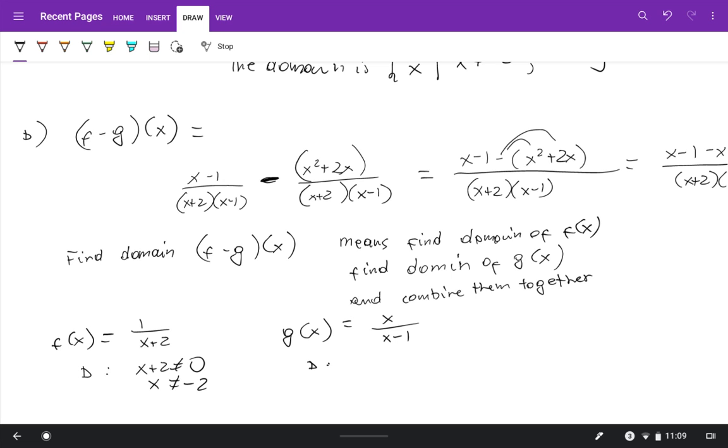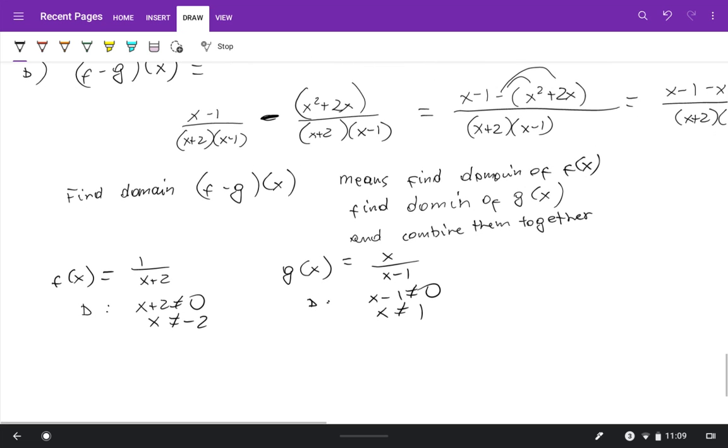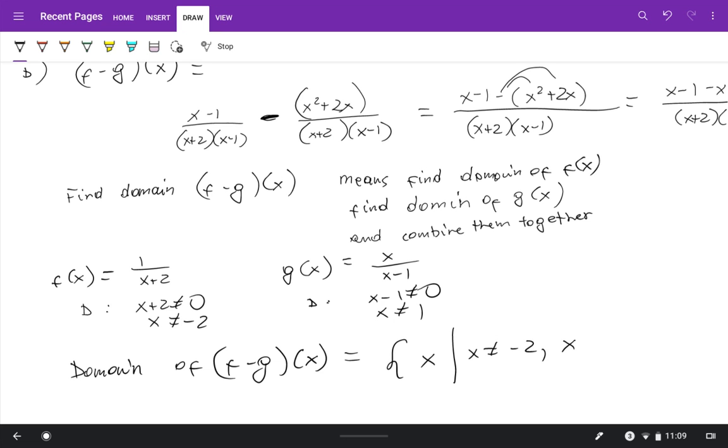So for the domain of g of x, x minus 1 cannot be 0. x cannot be equal to 1. So the domain of f minus g of x is all the x's such that x can't be equal to negative 2, x cannot be equal to 1.